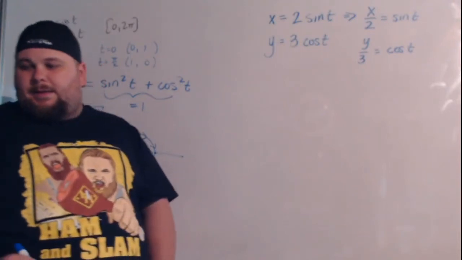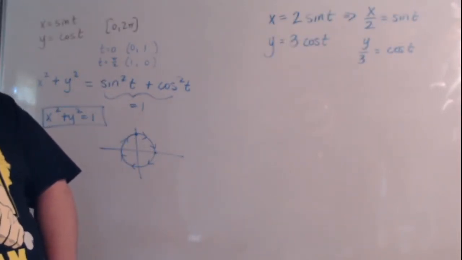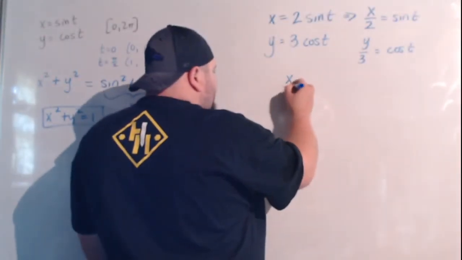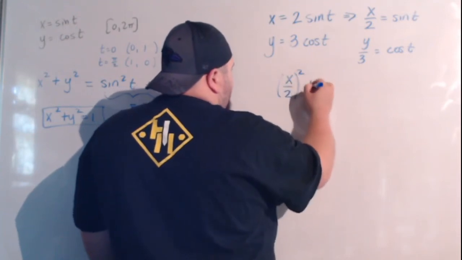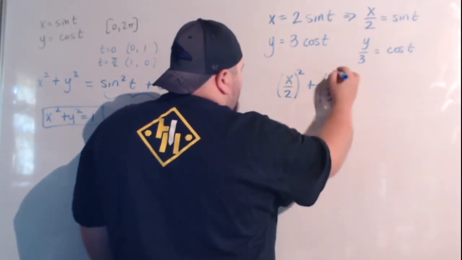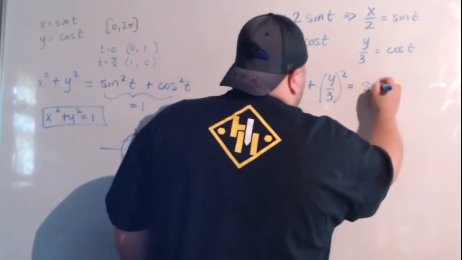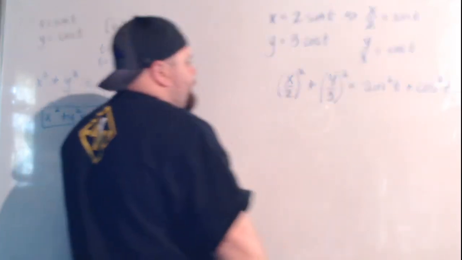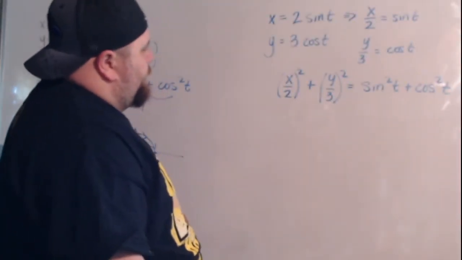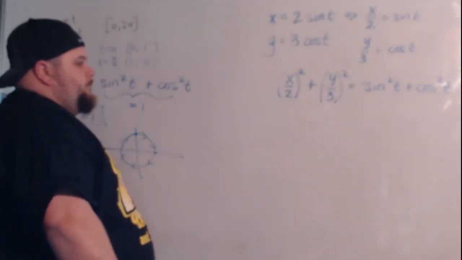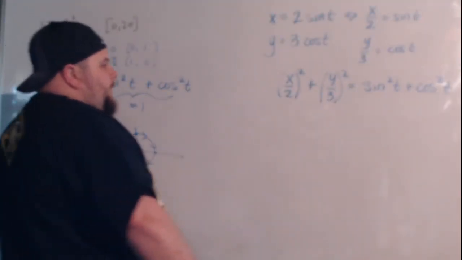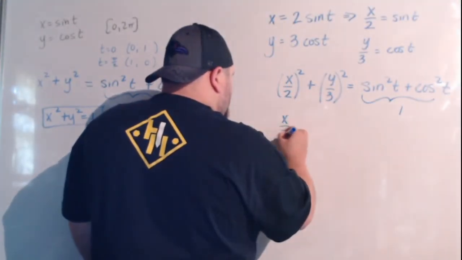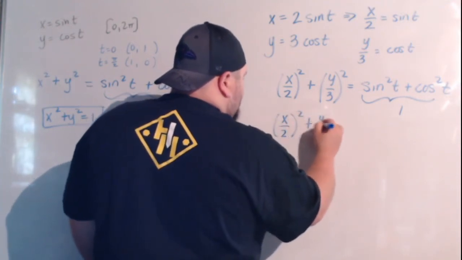Then you can go ahead and square both sides and add them together. And once again, that's 1. Do you recognize this equation?